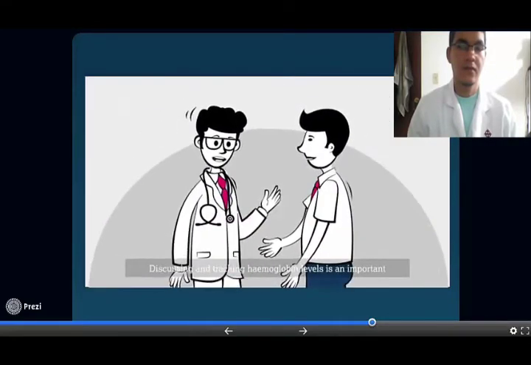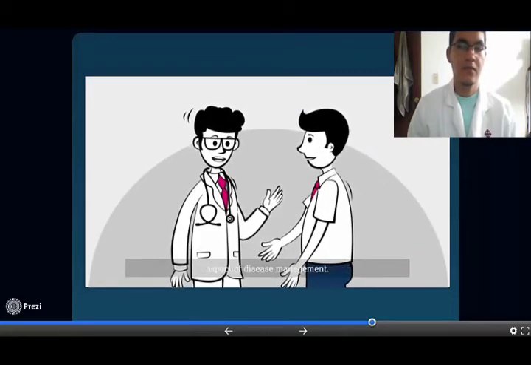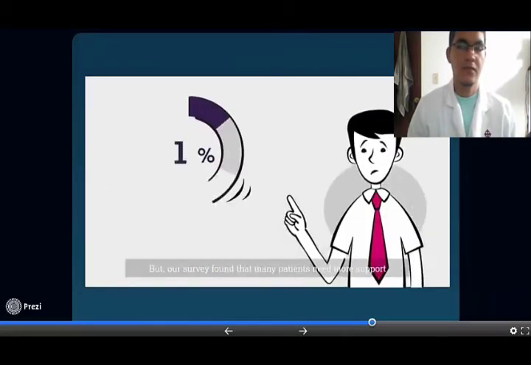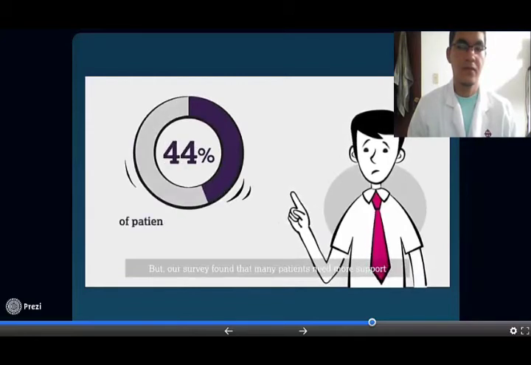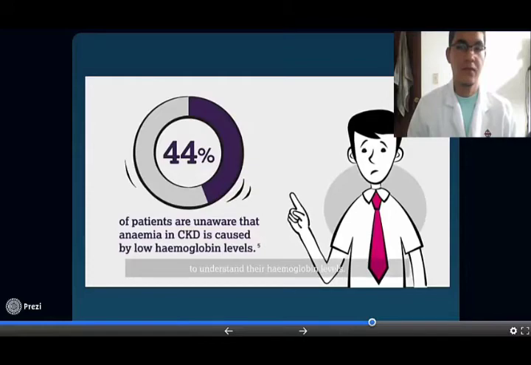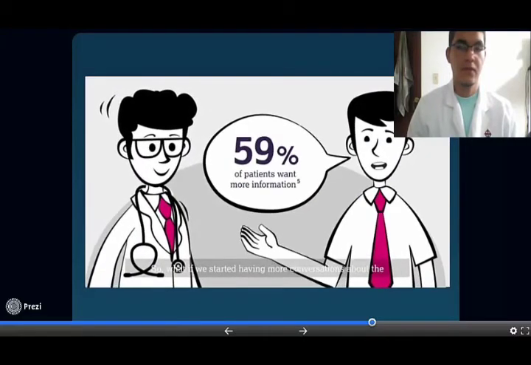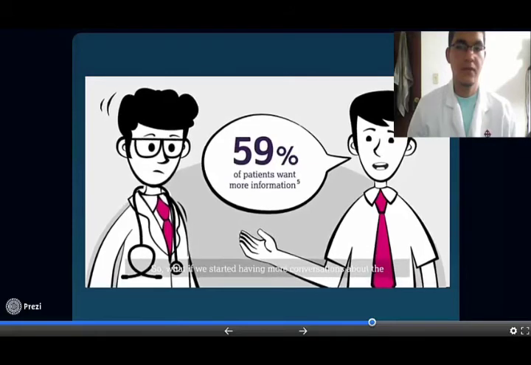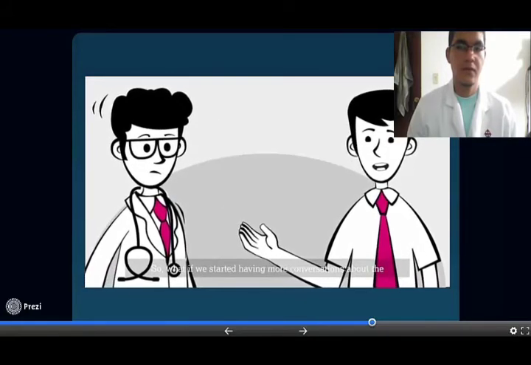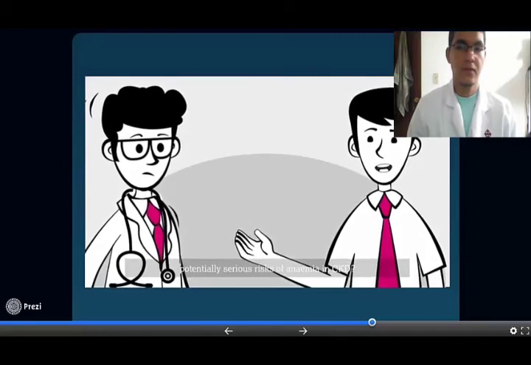Discussing and tracking hemoglobin levels is an important aspect of disease management. But our survey found that many patients need more support to understand their hemoglobin levels, and patients would like more information. So, what if we started having more conversations about the potentially serious risks of anemia in CKD?